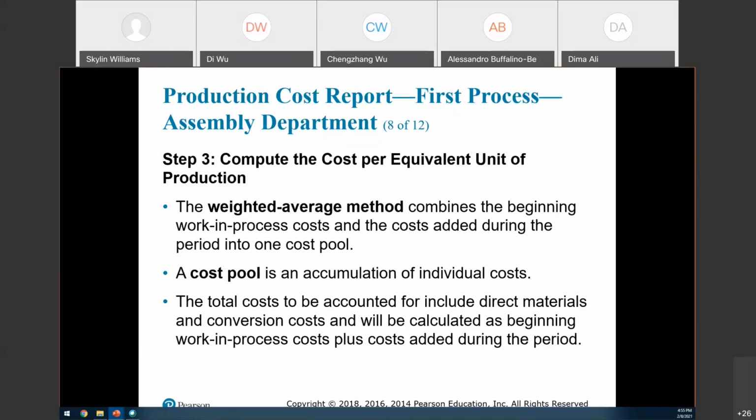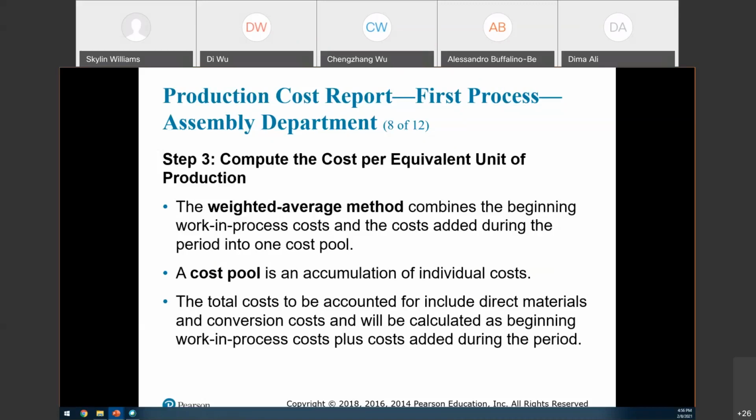We will use weighted average to account for costs. The weighted average combines the beginning WIP cost and the cost added during the period into one cost pool, as you learned in financial accounting class.